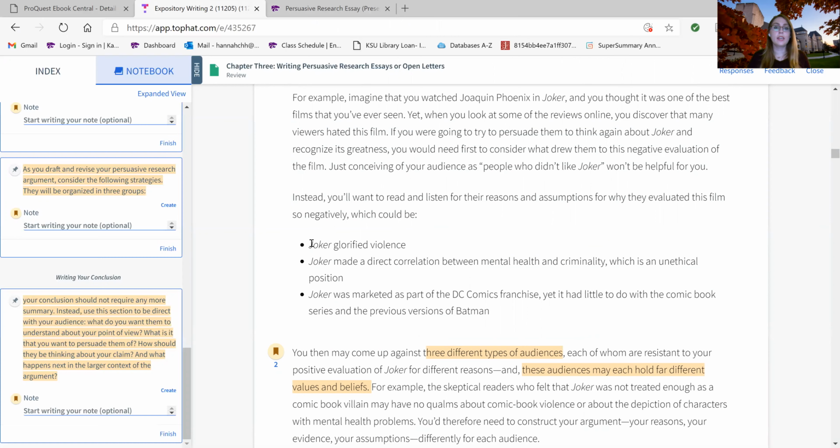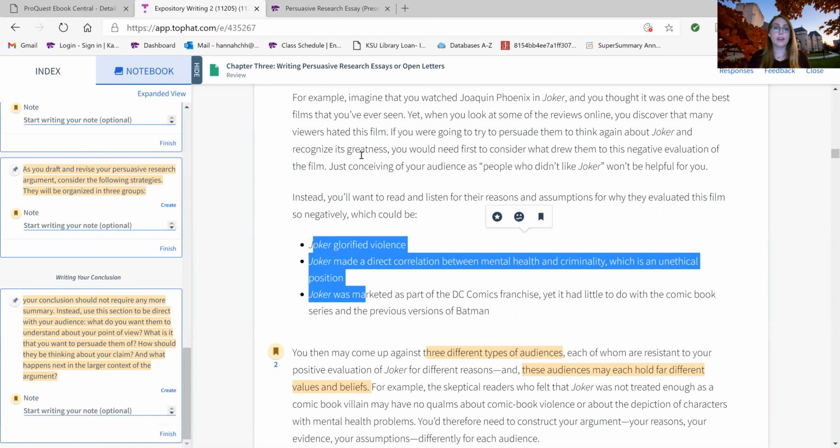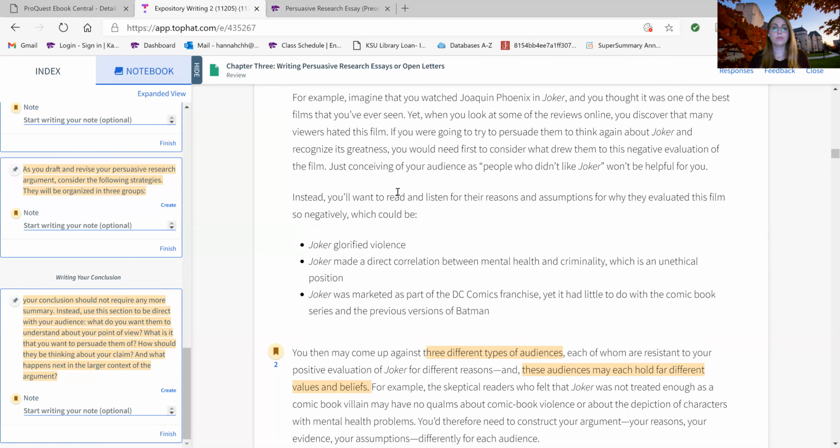So for example, they thought the Joker glorified violence. It focused on mental health and criminality, which is unethical. And they said they marketed it poorly. So there's 3 very different reasons for why these audience members thought that the Joker was a negative film.